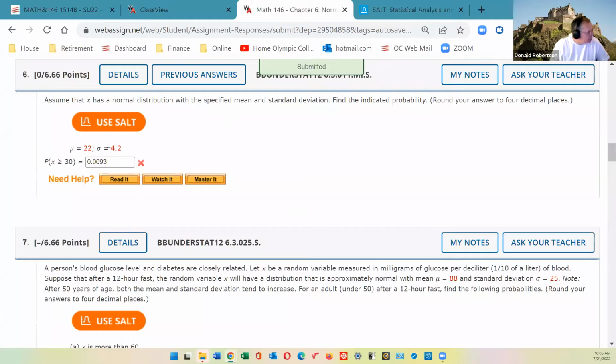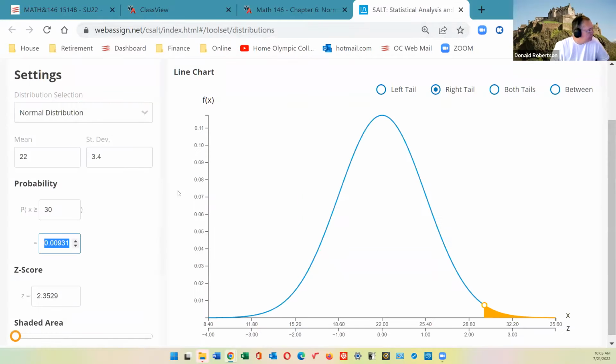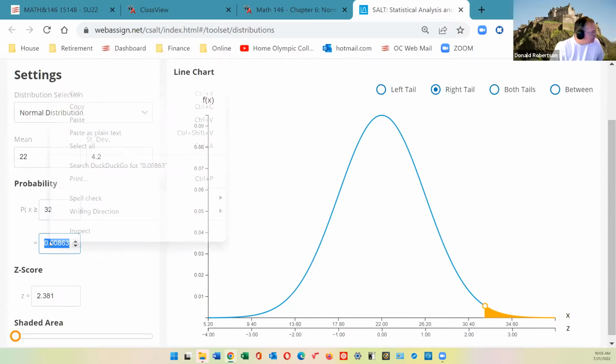Oops. 22, 4.2. Let's check I did it right. Ah, 4.2. I can leave everything else the same. Make that 32. There we go.